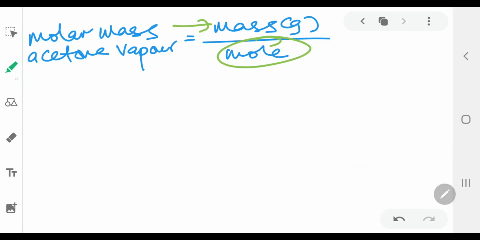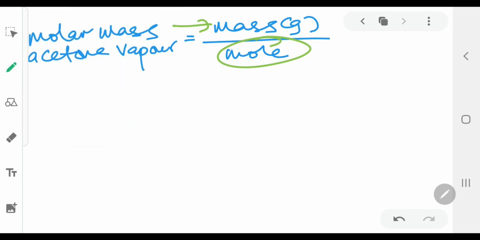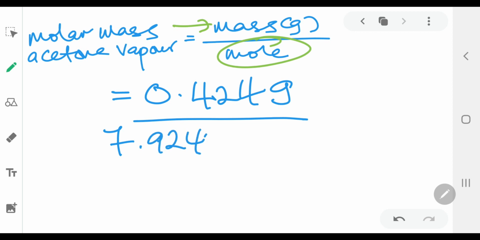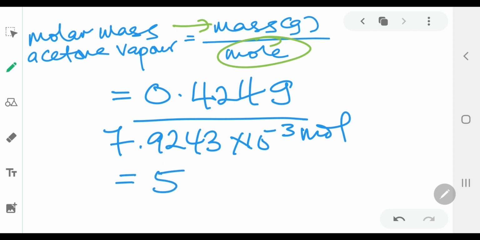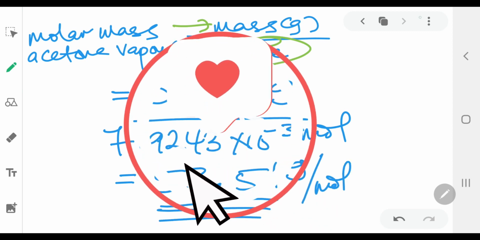The mass of the acetone is 0.424 grams over 7.9243 times 10 to the power of negative 3 mole. So the molar mass is about 53.51 gram per mole. That's how you work that out.